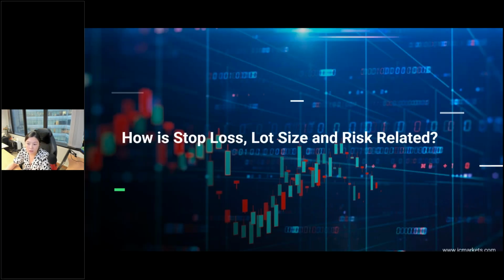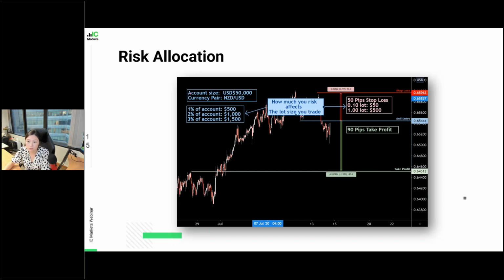So how are stop loss, lot size, and risk related? Risk allocation as well. This is how they are all interconnected, like I mentioned before. Account size of $50,000, and the currency pair that we are trading is NZDUSD.